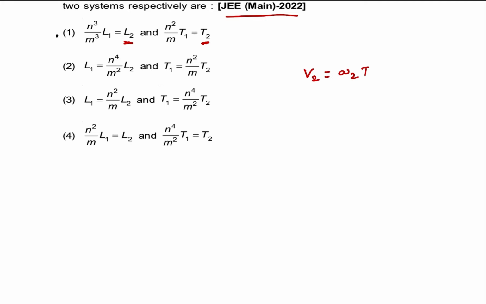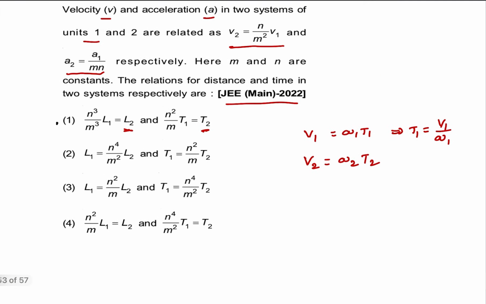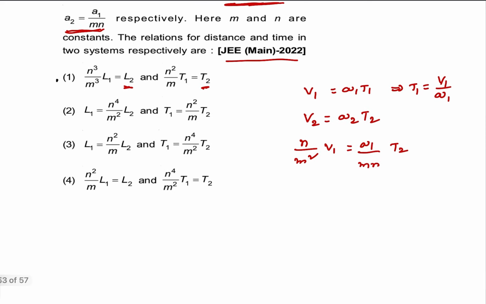Check that. You can write the velocity V2 as acceleration A2 into T2. Similarly, velocity V1 is A1 into T1, so T1 is V1 by A1. V2, as per the question, is n by m square V1, and that is equal to A2, which is A1 divided by Mn, into T2.